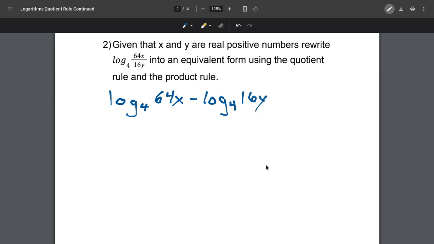Okay, so that's using the quotient rule, and now we have 64 times x and 16 times y, so we can separate this. So the first part, let's put it in parentheses.